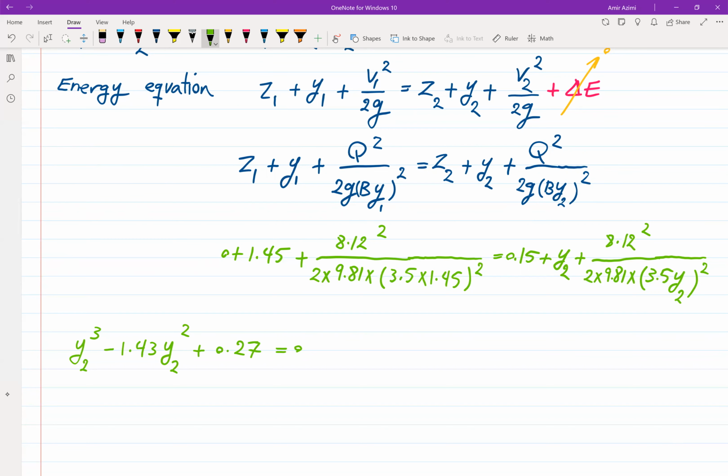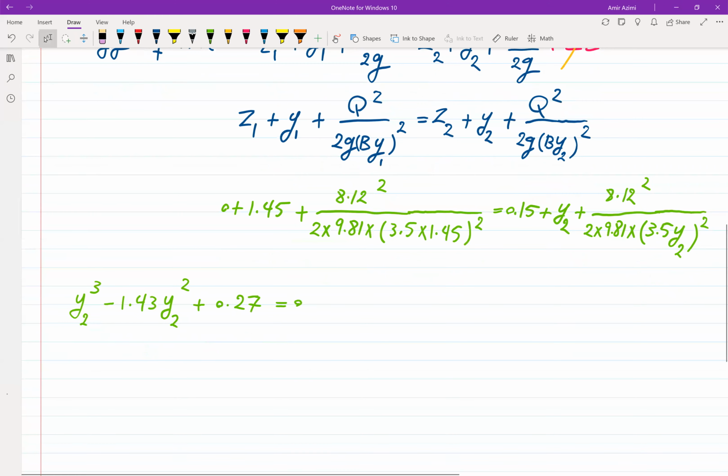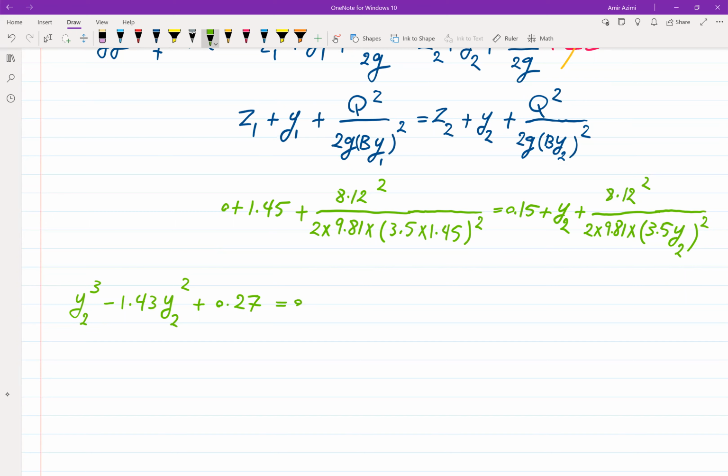So always energy equation gives you a cubic equation, which you can solve with your calculator. And the cubic equation gives you 3 roots. So we have y2 equal to 1.255 meter. y2 is equal to 0.56 meter. And then y2 is negative.